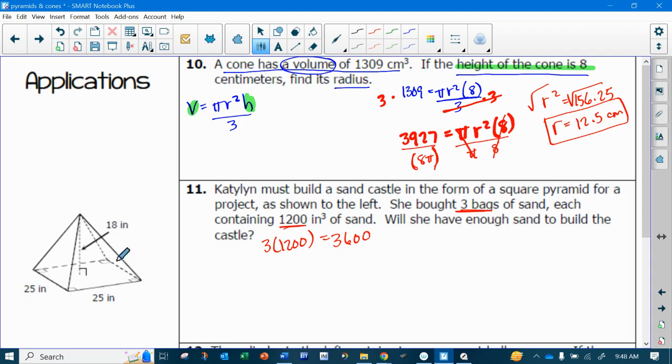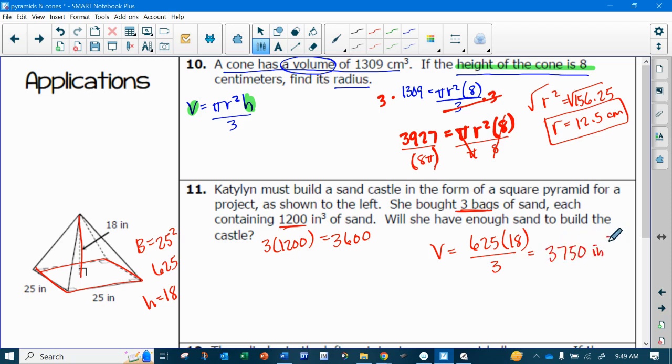Okay, so find your base, just like we did on the front. I need the area of the base, which is 25 squared, so that's 625. The height is 18. I'm just going to plug those 2 numbers in. Volume is 625 times 18 divided by 3, which is 3750.